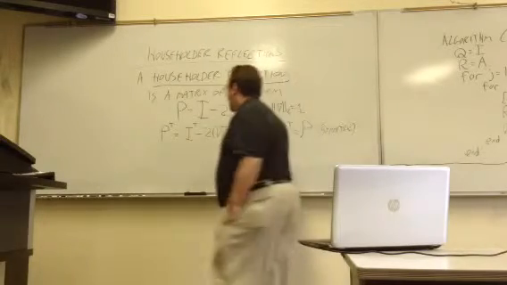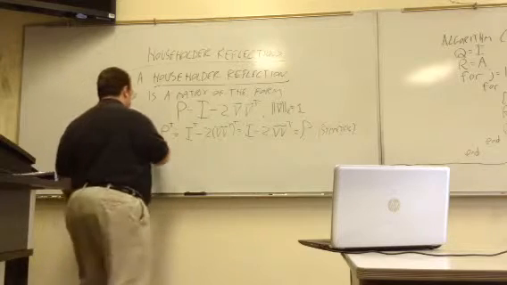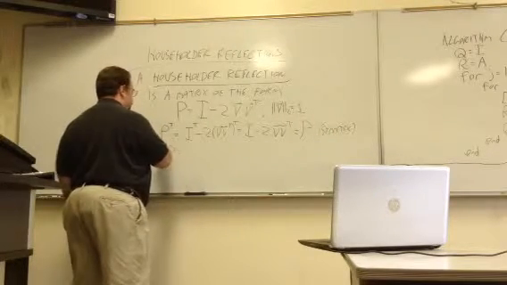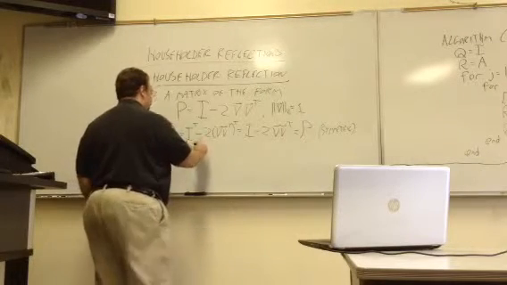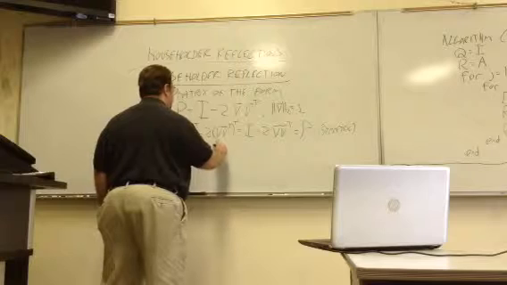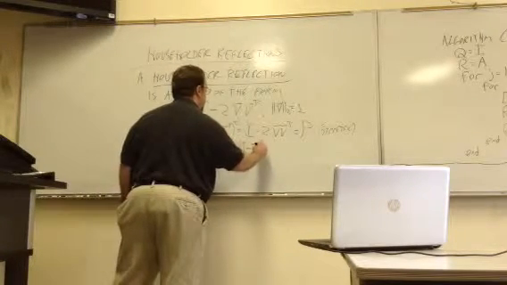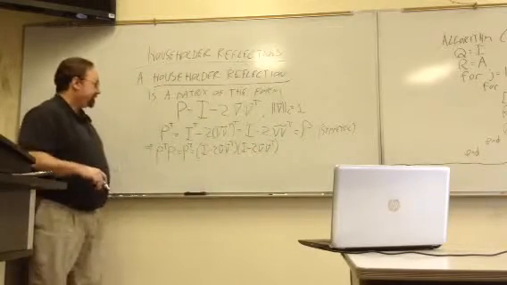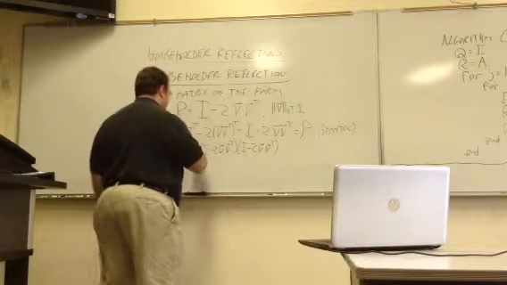Okay. Now, if I compute P transpose P, well, P is P transpose, so that's the same as P squared. So that's identity minus 2 V V transpose, times identity minus 2 V V transpose. Now I'll FOIL this out.